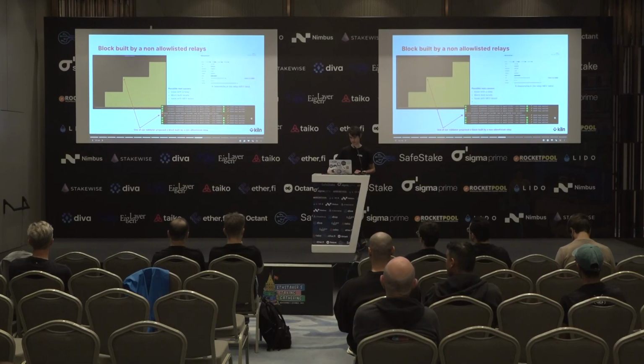And so this signal here is connecting to relays and checking if the block you just proposed is actually a block you built locally or using a relayer. So it can give you an idea if you misconfigured MEV or something like this.